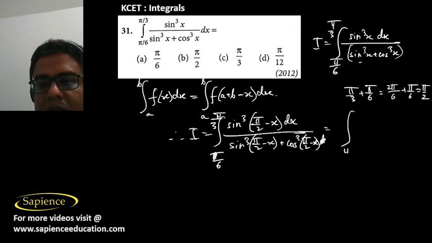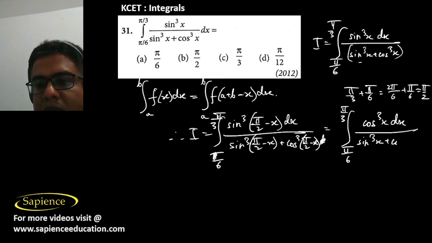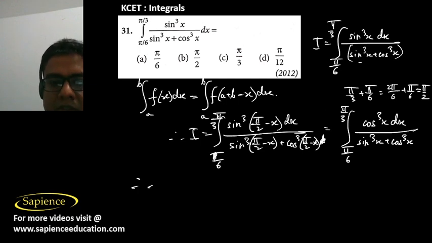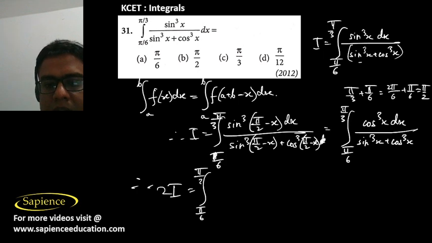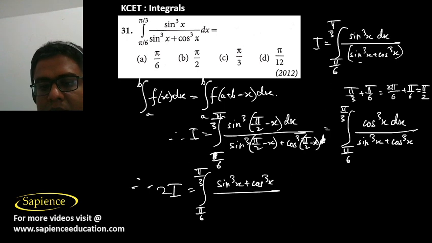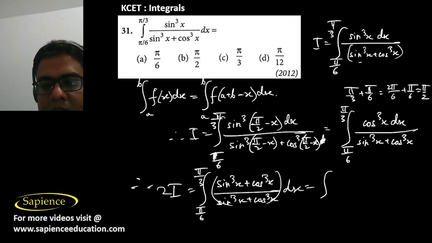So this I can write as the integral from pi by 6 to pi by 3 of cos cube x dx divided by sine cube x plus cos cube x. Now if I add these two integrals, it will be 2I, the integral from pi by 6 to pi by 3 of (sine cube x plus cos cube x) divided by (sine cube x plus cos cube x) dx.